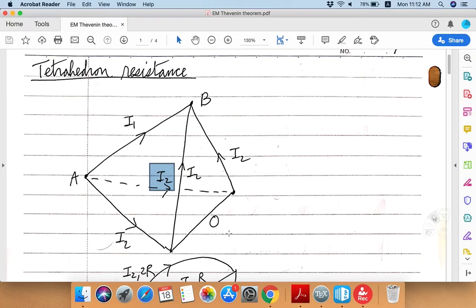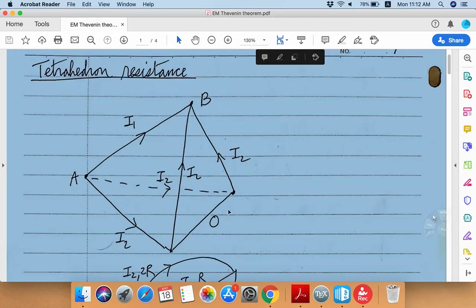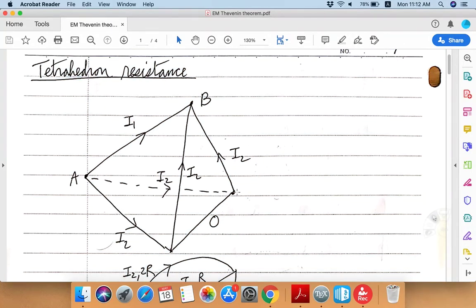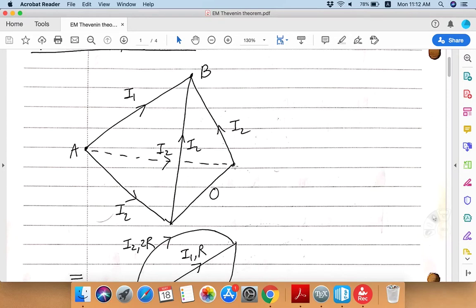And then it also dawns on you that along this edge, you simply cannot have any current, right? Because if you have some current going this way, then by geometric symmetry of this tetrahedron network, you must expect exactly the same current going the other way. Okay, that's a conflicting requirement. And the only way to resolve the conflict is by taking none, thereby allowing no current to flow along this edge.